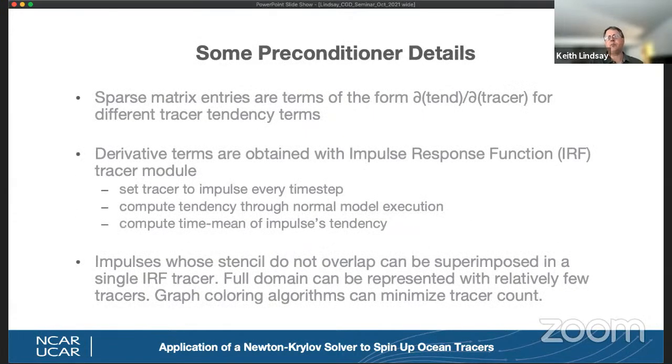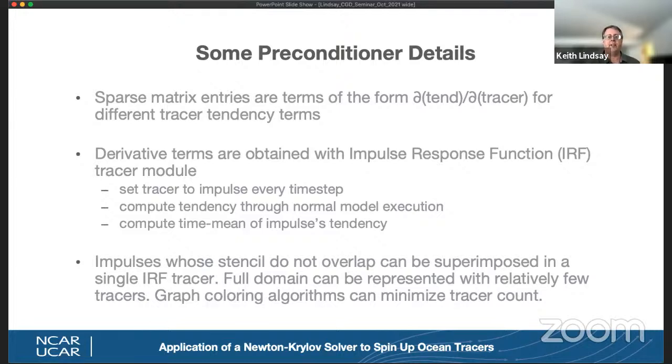The particular preconditioner approach that Lee and Primo and Kadawala developed ends up requiring the matrix entries that are of the form the derivative of a tracer tendency with respect to the tracer itself for the different tendency terms in the GCM. So we want to know what is the derivative of an advective tendency with respect to the tracer.